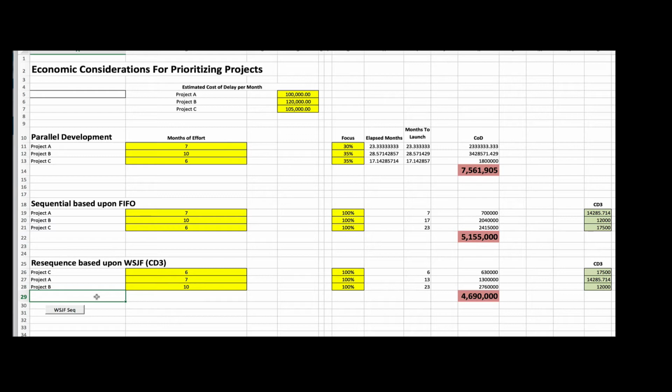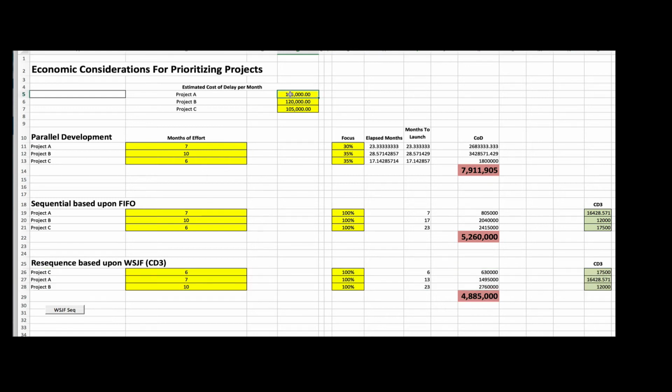If we find, of course, that some of these numbers change, lest you believe that some of these numbers may change based upon the cost of delay, you're absolutely right, because that's a part of the formula. If project A was in fact worth $115,000 in terms of cost of delay each month, then if we resequence these, in this particular case, nothing changed, but the cost of delay did change when we recalculated that.